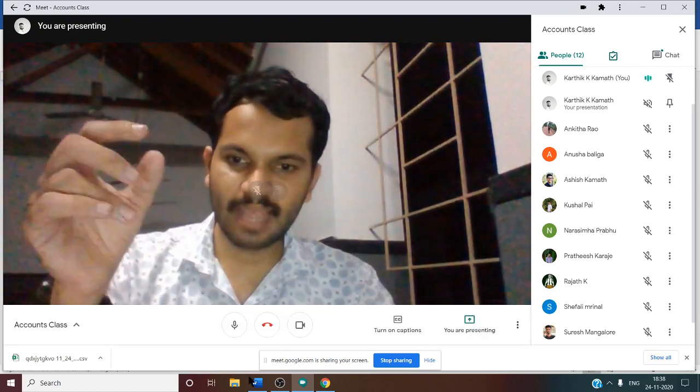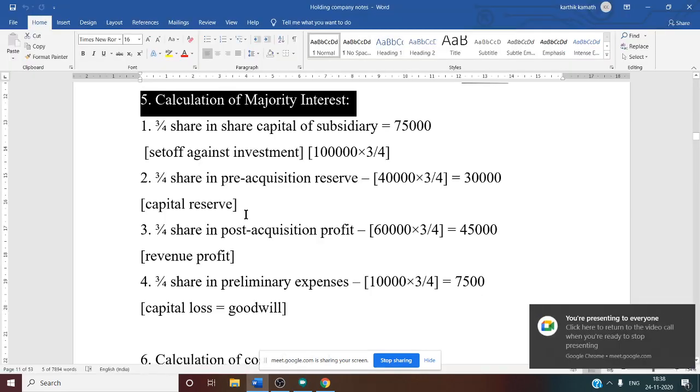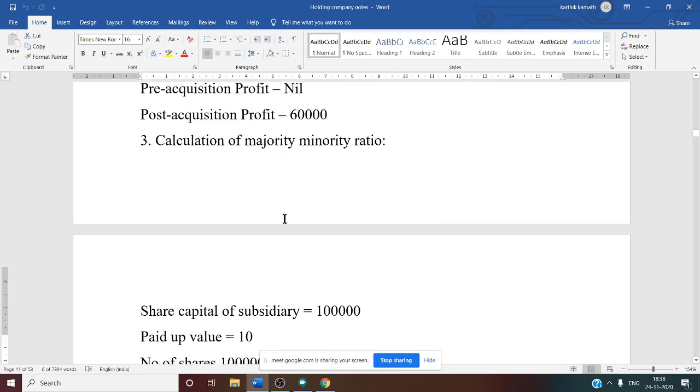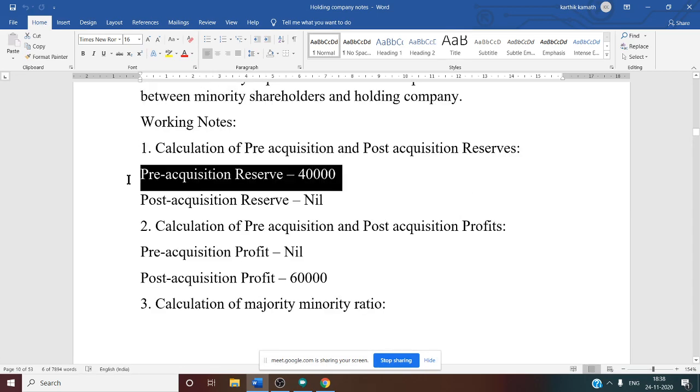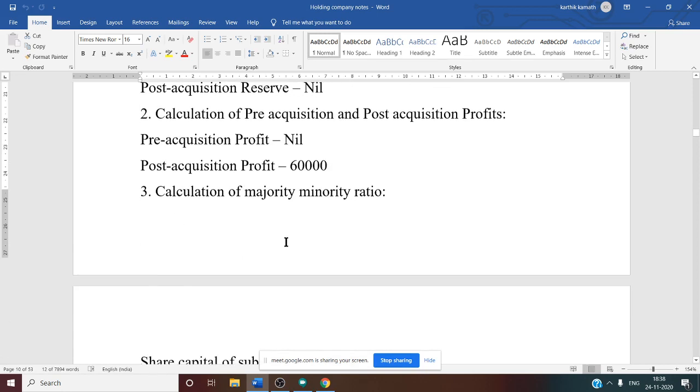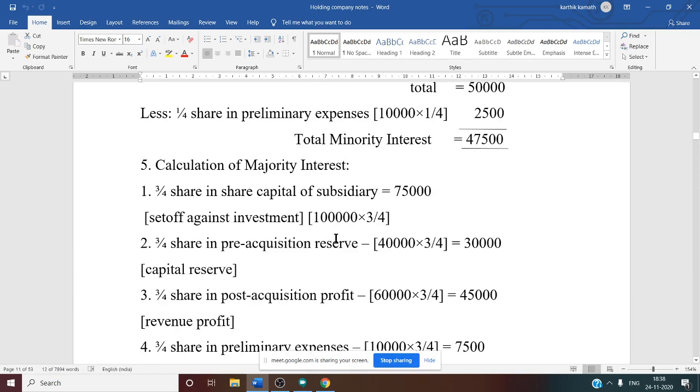As per that format we have to do. See here, 3 by 4 share in pre-acquisition reserve. How to find out pre-acquisition reserve? Once you see the previous working note, pre-acquisition reserve is 40,000. That is working note number 1. By seeing working note number 1, you can easily calculate 40,000 into 3 by 4.